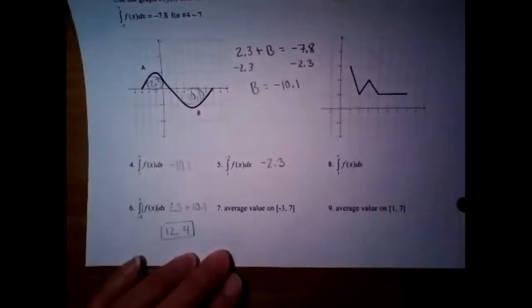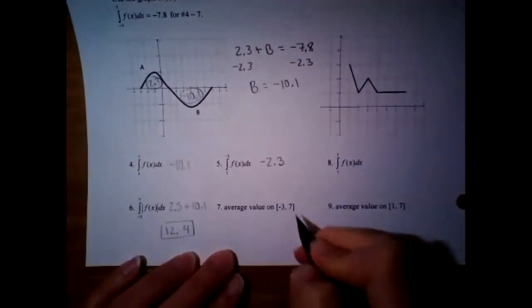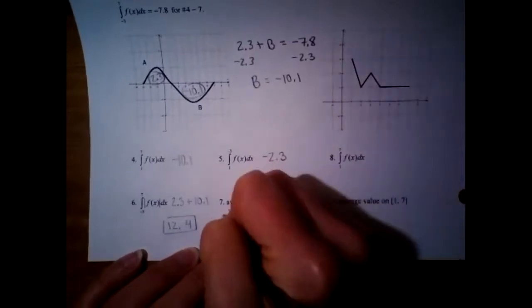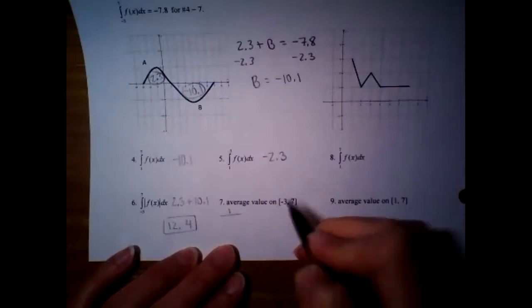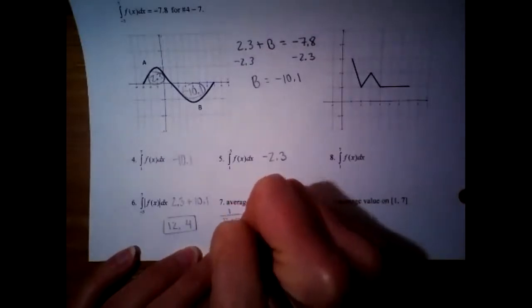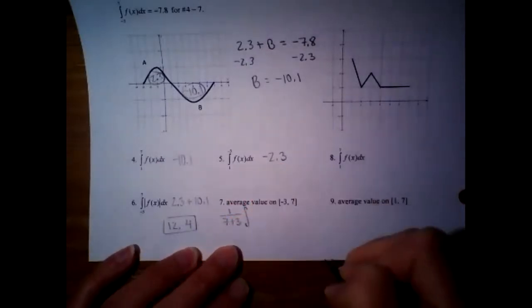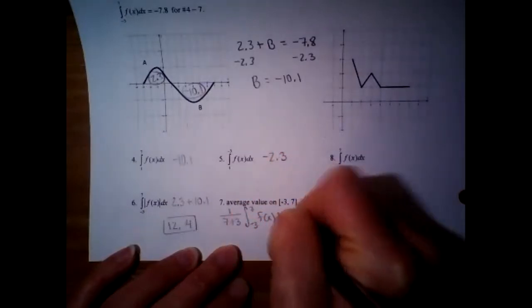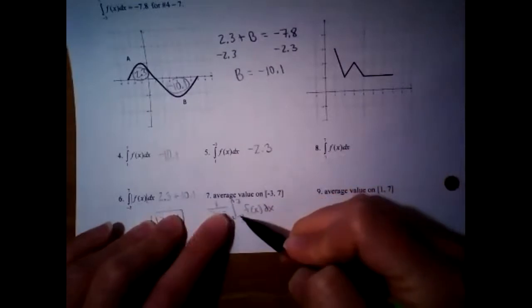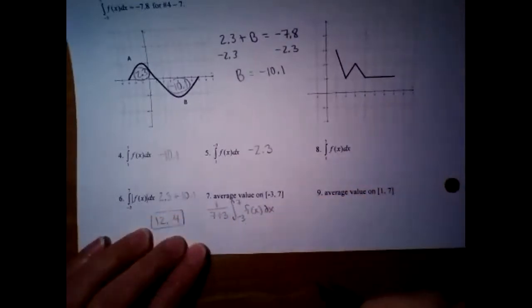And then lastly, we're going to do average value from -3 to 7. Okay, so setting this up, it'll be 1 over 7 minus -3, so that'll be 7 plus 3, integral from -3 to 7 f of x dx. And again, I think it's just satisfying if these numbers match, so I always write that out.